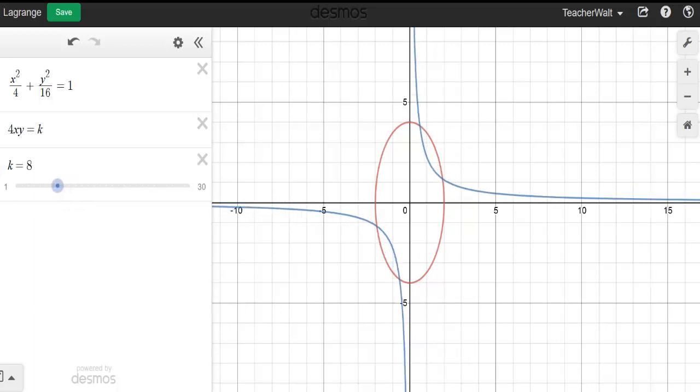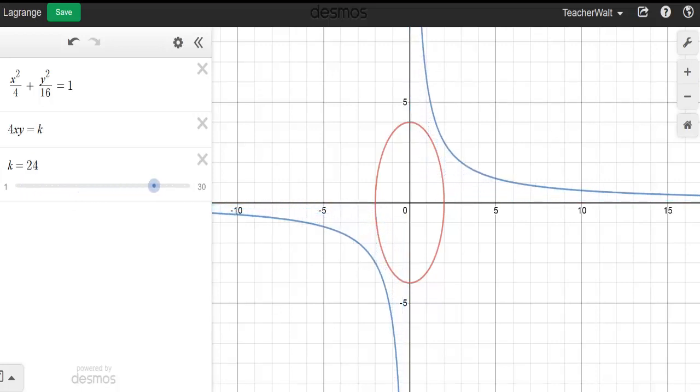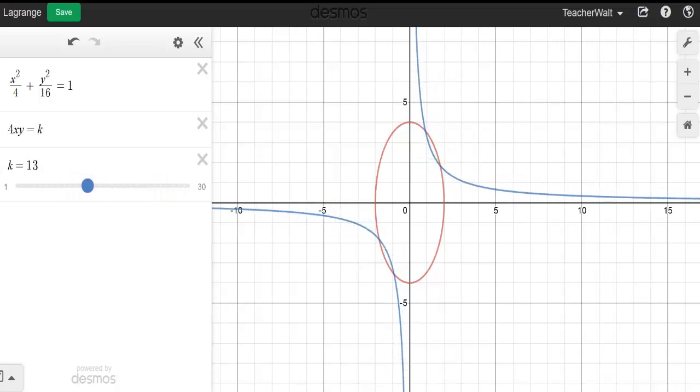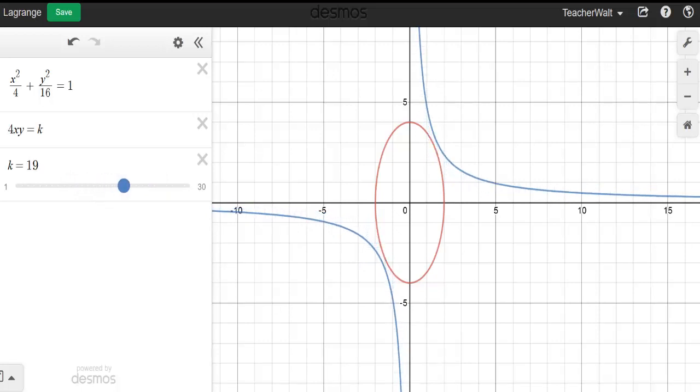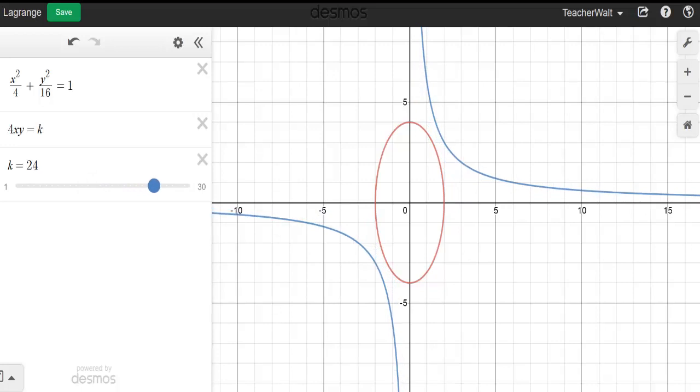Now, I could keep going. And you notice that the area increases as we move to the right. So it keeps increasing. The tangents get more and more alike. But at some point, the area keeps increasing, but we're outside our constraint. See, there's no longer an intersection with the ellipse and the hyperbola.